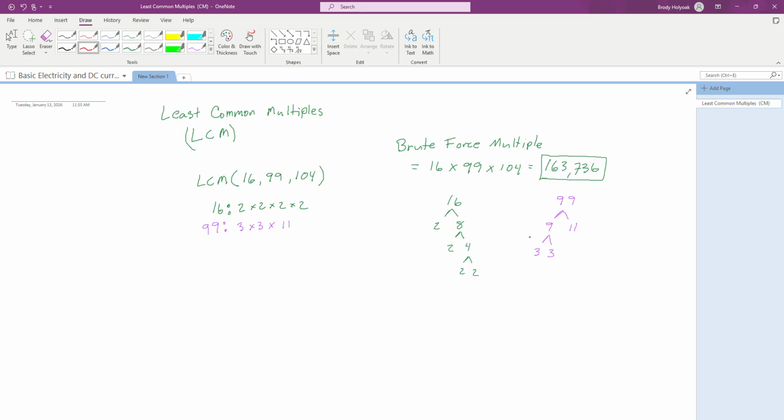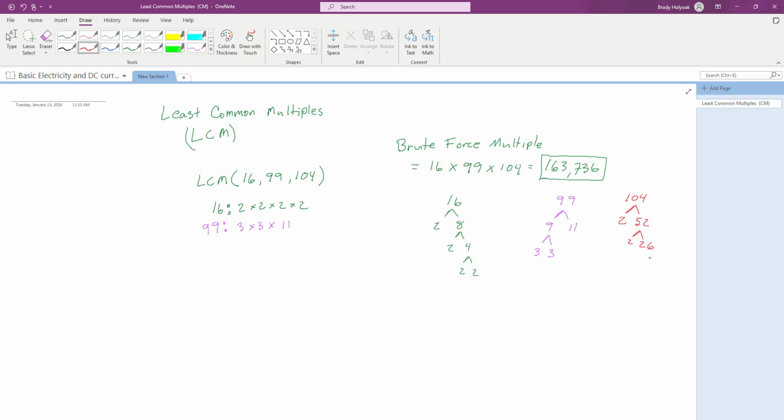Okay, the next one I need is 104. So 104 is going to break down, and we're going to break it down into 2 because it's even. So I get 52 times 2. We're going to break 52 down. And again, I'm going to take the easy number because it's even, so I'm going to pull out a 2. That's going to leave me with 26.